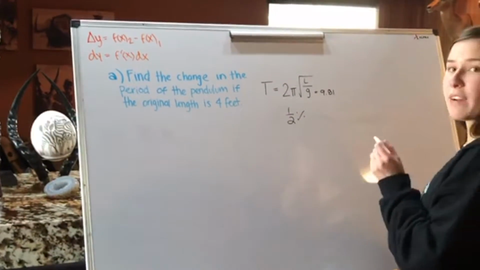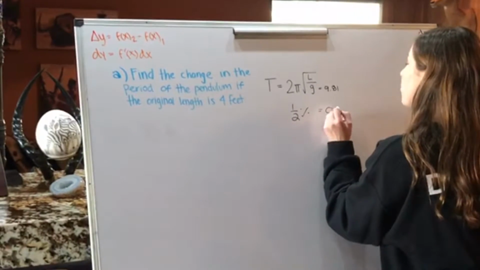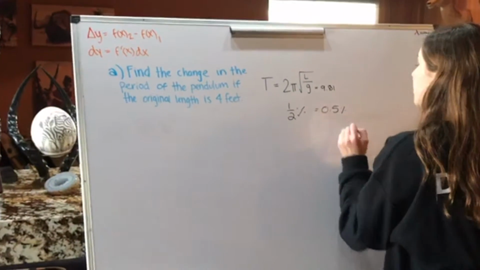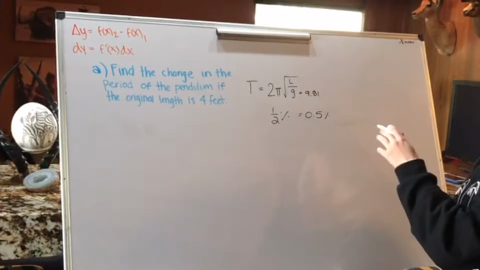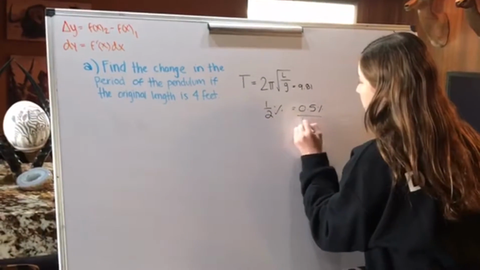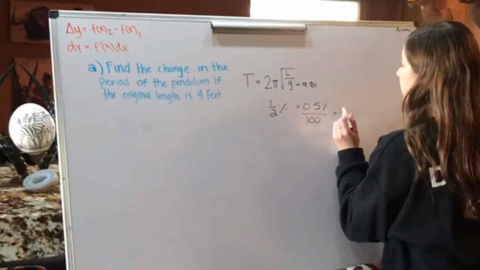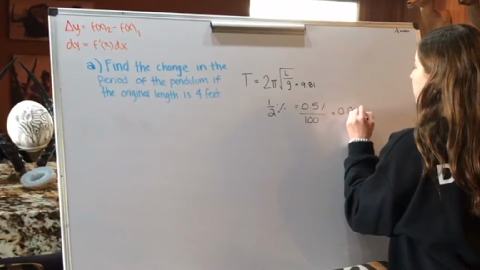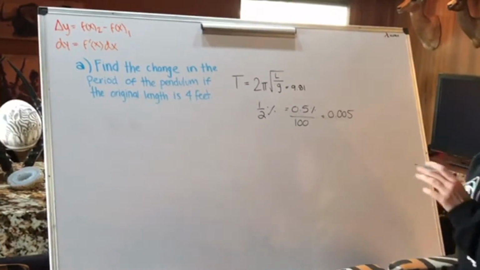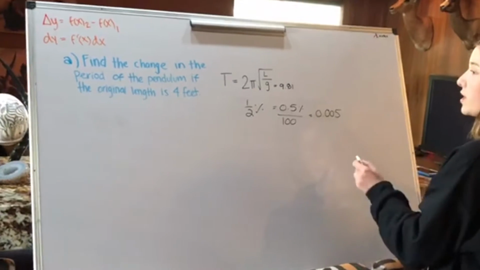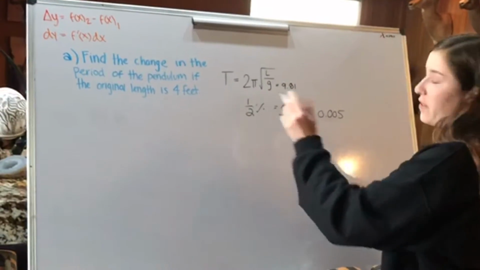In the problem, they told us that the length increments by 0.5%. So we take 0.5% and divide it by 100, which gives us 0.005. Now we multiply this number by the 4 feet.